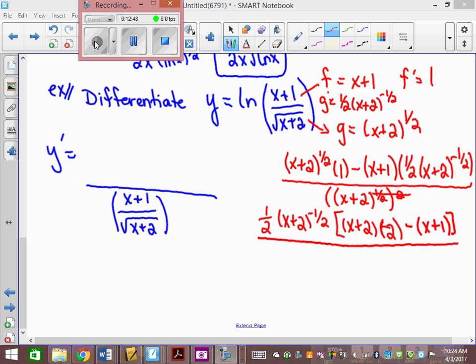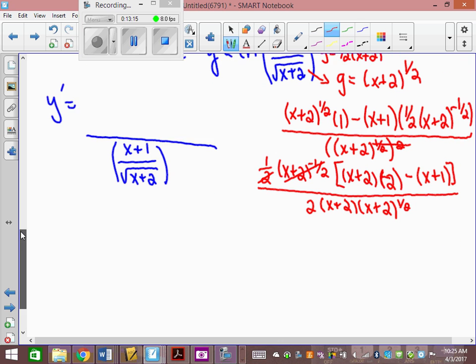All over x plus 2. And I can move this down here too, x plus 2 to the 1/2. And I can move the 2 down here. Because 1 divided by a half is like 1 times 2.